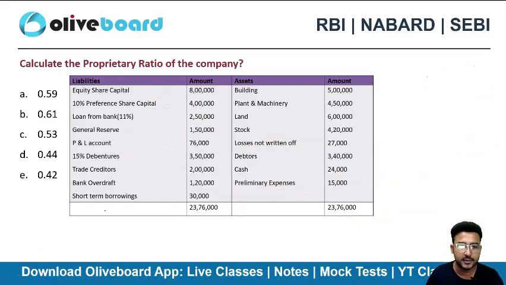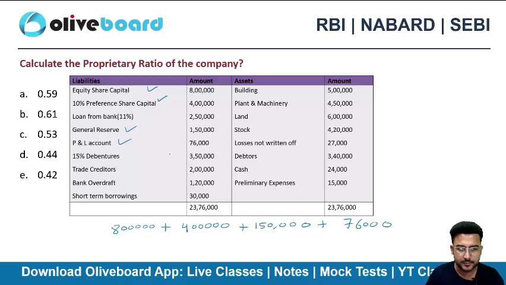So how to calculate my shareholders fund? My shareholders fund here will be my equity share capital, 8 lakhs, plus preference share capital, 4 lakh, plus reserves and surplus, 1,50,000, plus P&L account, 76,000.